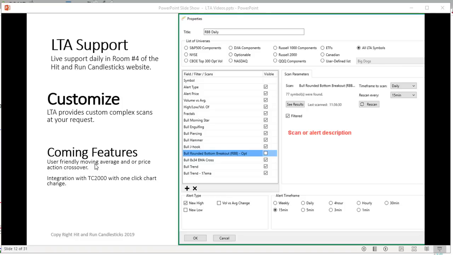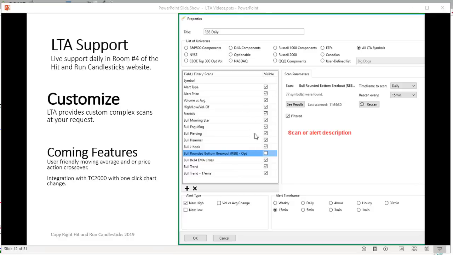Another feature that's coming out is user-friendly moving average and price action crossovers or bounces. You'll be able to come in here and create your own scans. The world is your oyster. If you want, say, the 19 EMA crossing over the 32 SMA, you can do that.